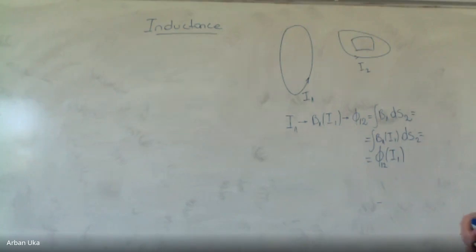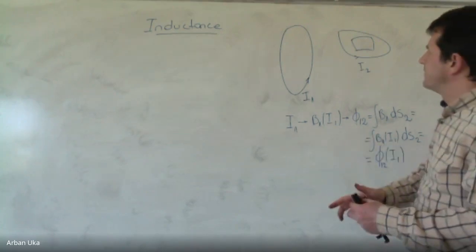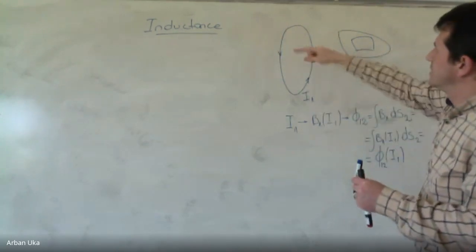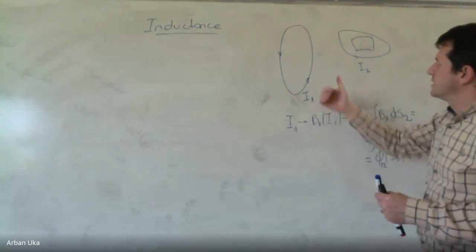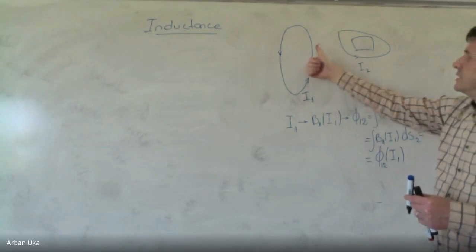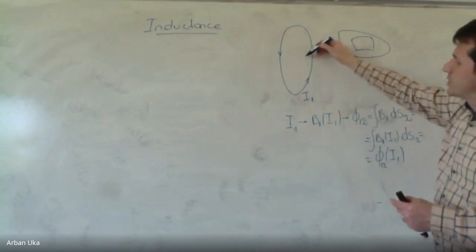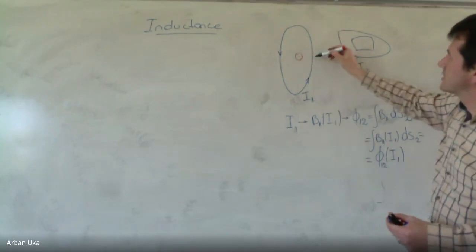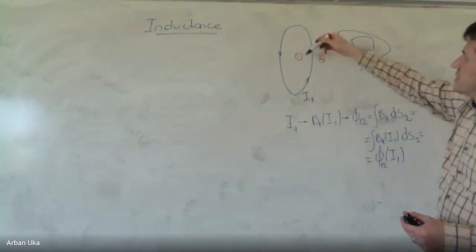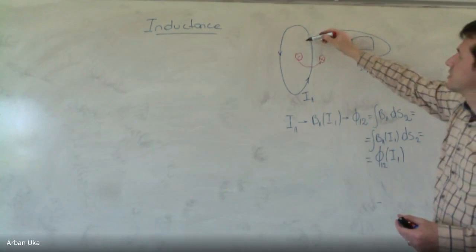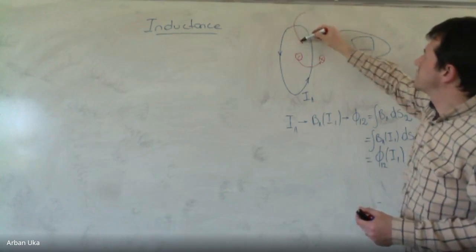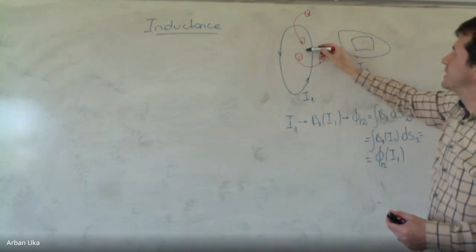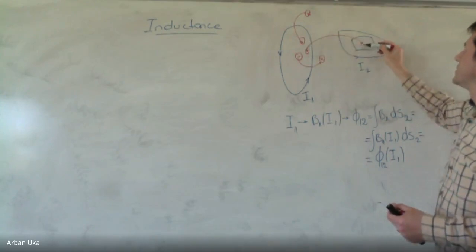Now let's try to describe this one. Okay, we have this loop, and the current is flowing in this way. And then using the right-hand rule here, this means that we have a current which moves around. It comes out like this, and it goes down like this. So it circulates in this way. So similarly, it comes out here, it closes down here, but at the same time, it comes out here, and it goes into here.